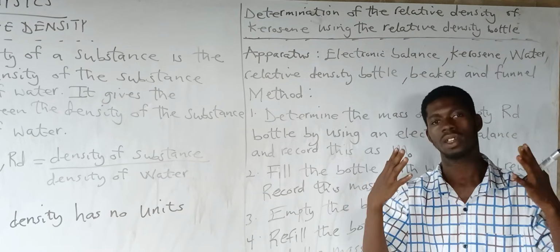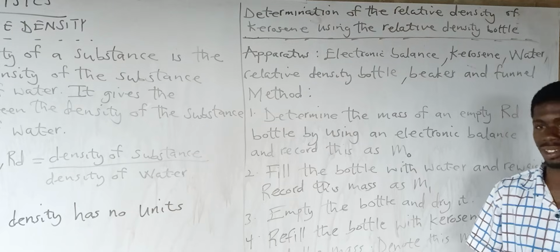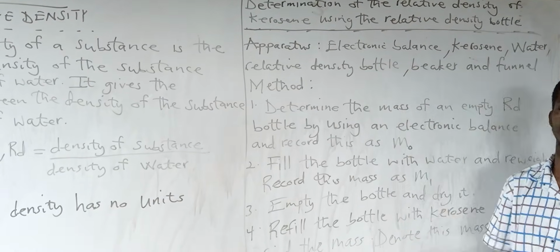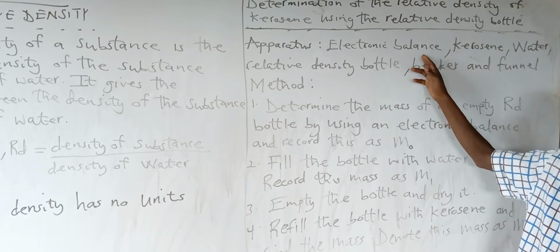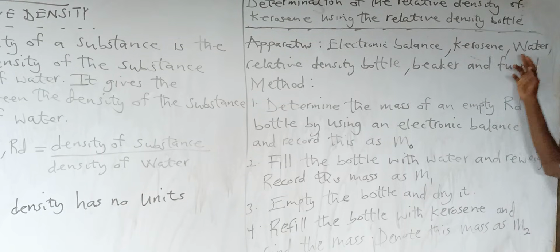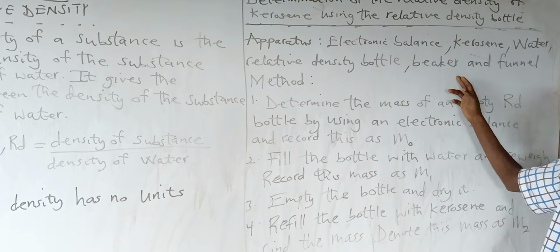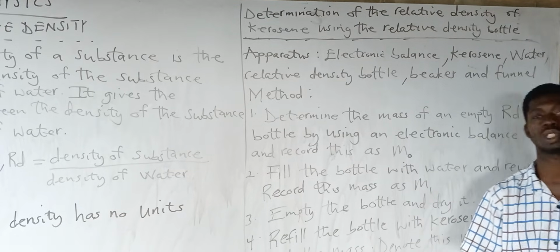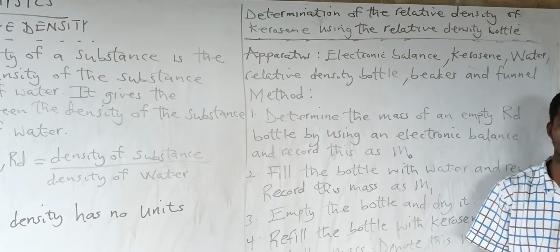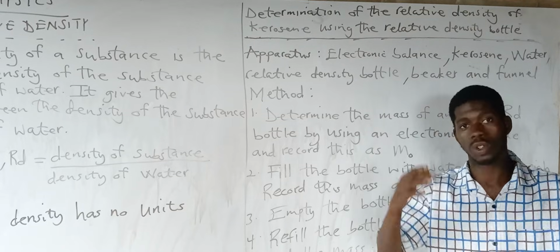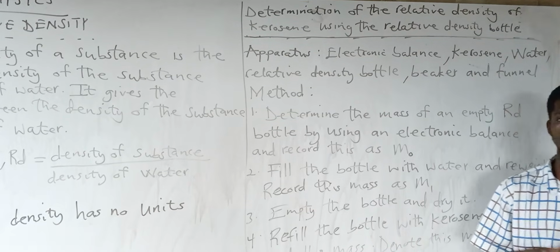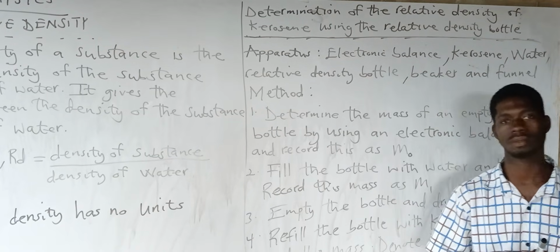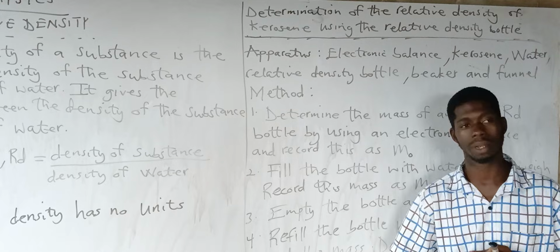These are the apparatus we are going to use: electronic balance, kerosene, water, relative density bottle, pipette, and funnel. During the procedure, we will observe how we are going to use each of these materials.